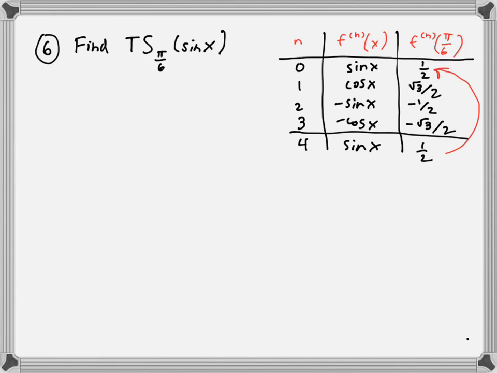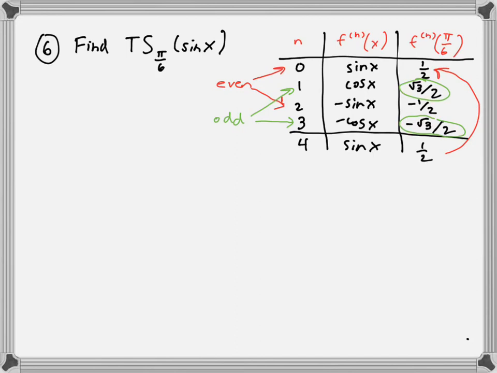Okay, so the trick is to realize that these are the even powers, right? And all of those are going to have the halves, and then the odd powers are going to have these.